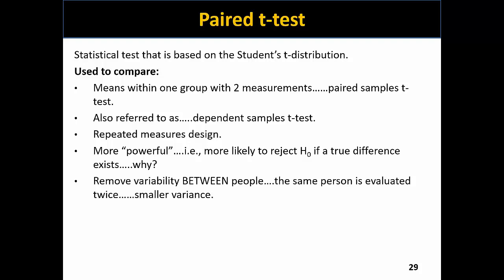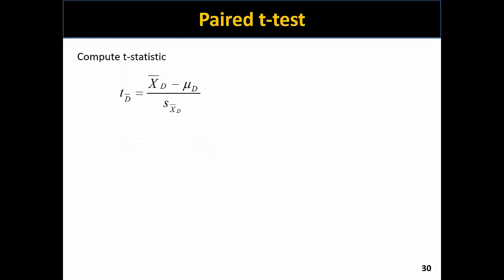And so in terms of calculating the t-statistic, this is going to be a little bit of a different approach. We're going to use a table to do this. But what we're calculating is the t-statistic for the differences between the two sets of samples from the same participants.